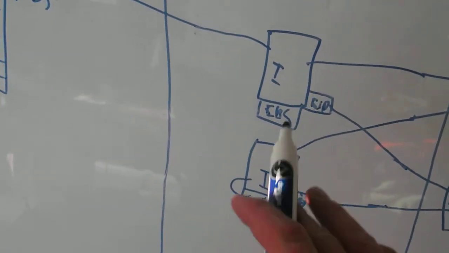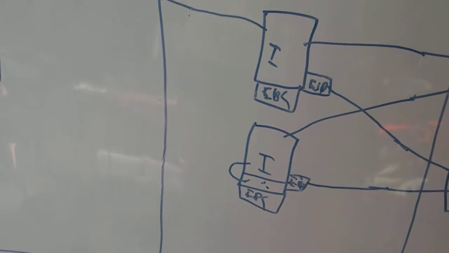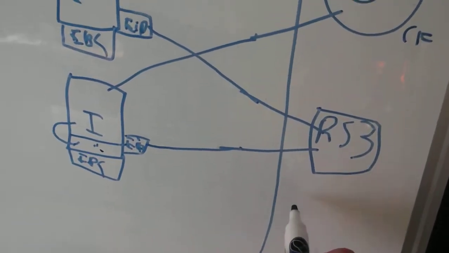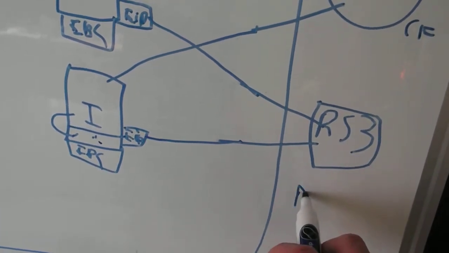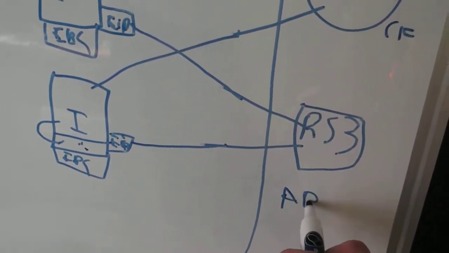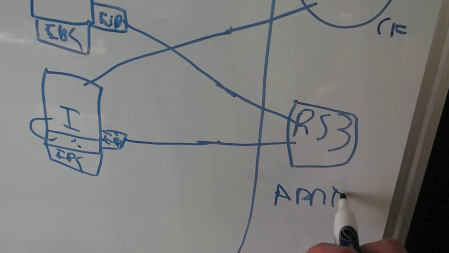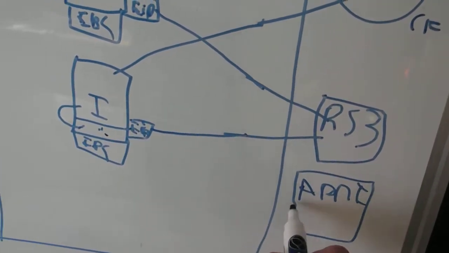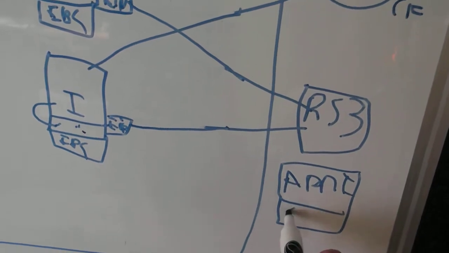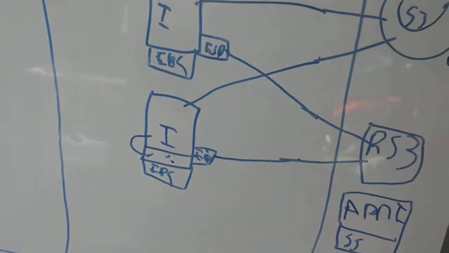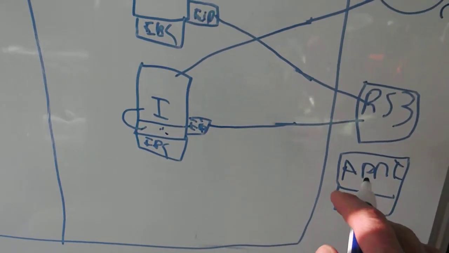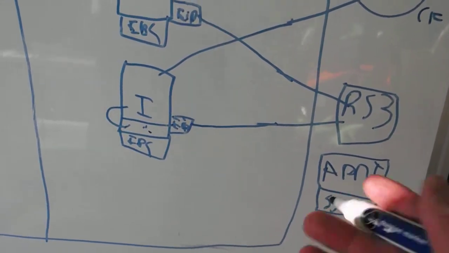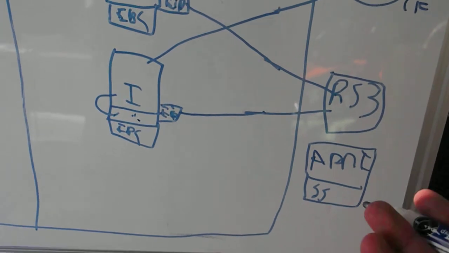Once we've set these two up, the next thing we're going to do is create something called an AMI, and that AMI is going to have attached to it a snapshot. An AMI stands for Amazon Machine Image, and it's essentially a backup of an instance.